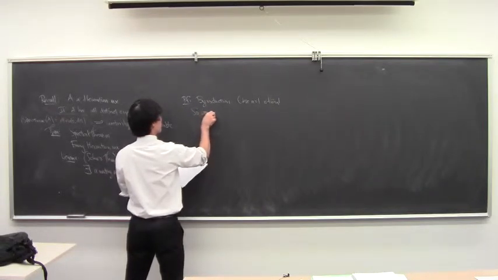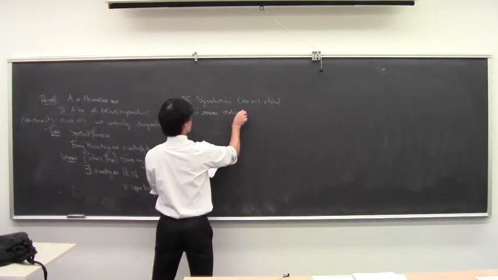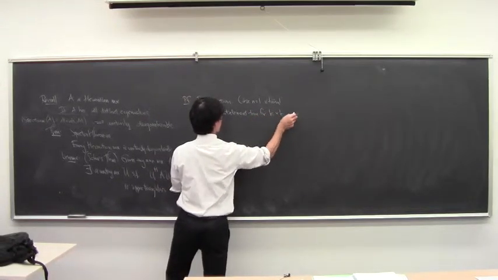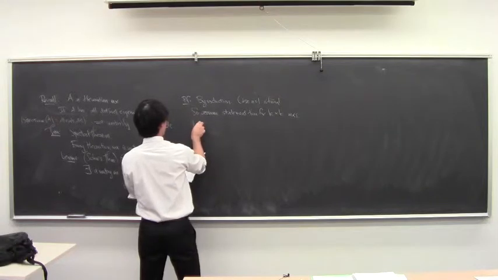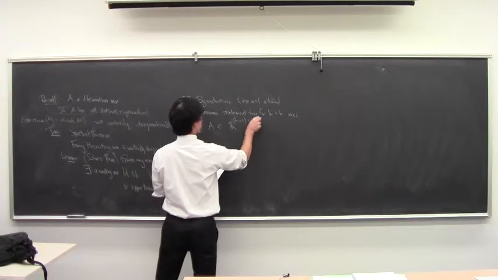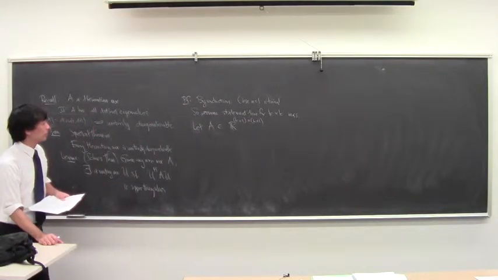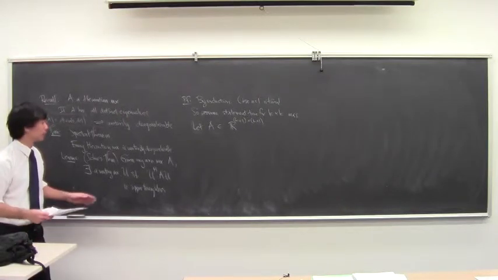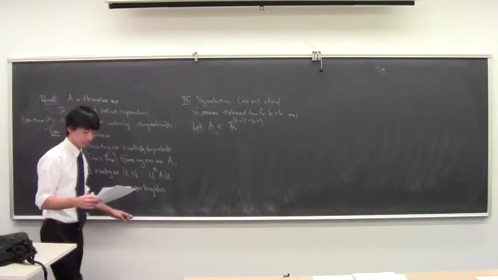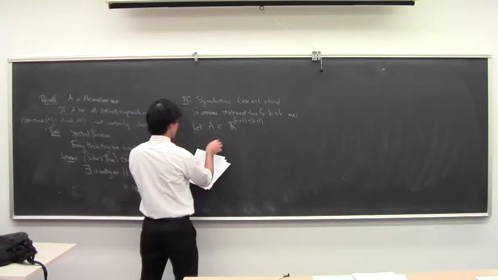As usual, assume the statement is true for k by k matrices, and let A be a k plus 1 by k plus 1 matrix. We're going to look for a way of diagonalizing this guy unitarily. Here's what we're going to do.